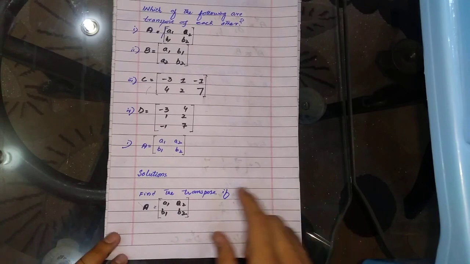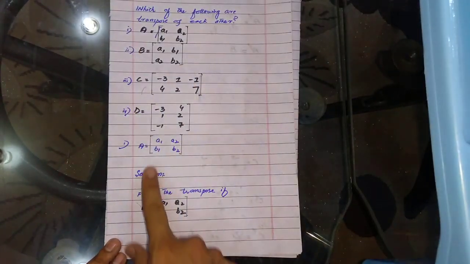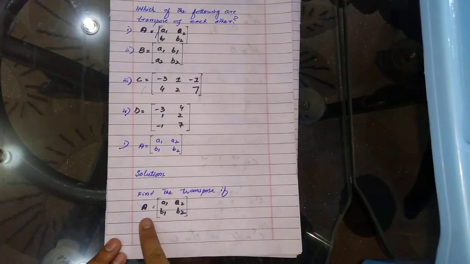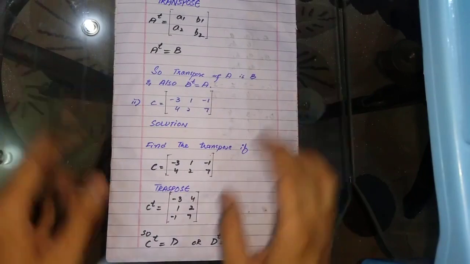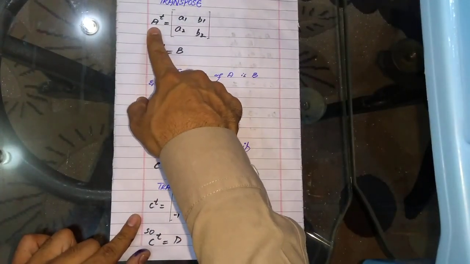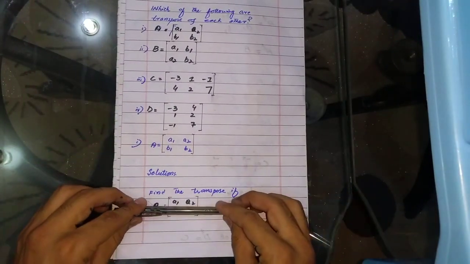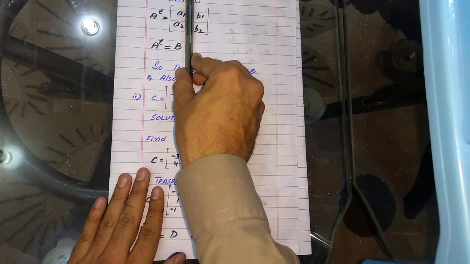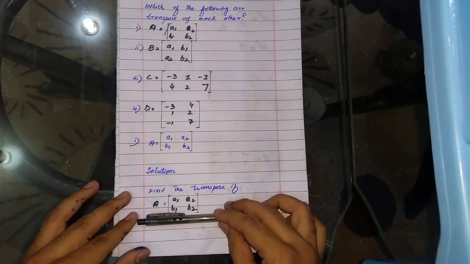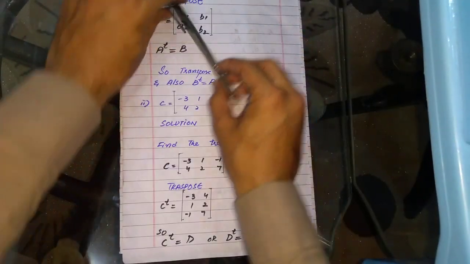So look here, we will start with A. This is matrix A. Find its transpose with the same method which we used in question number 1. Now look here student, A transpose is: first row is interchanged with the first column and second row is interchanged with the second column.